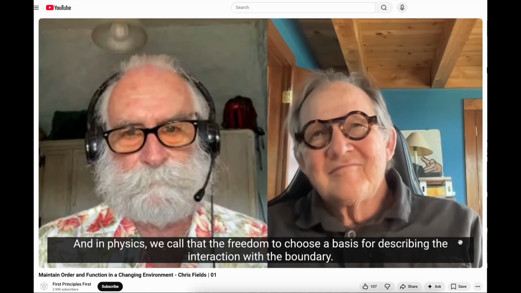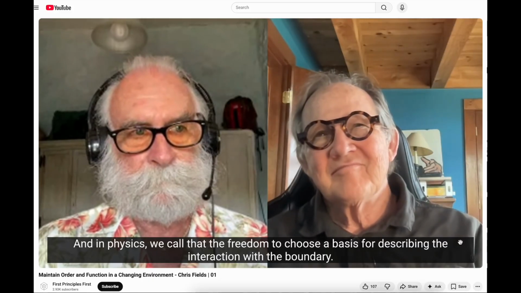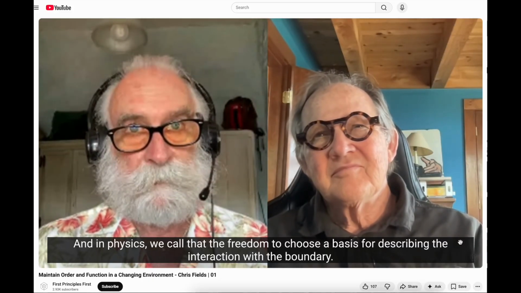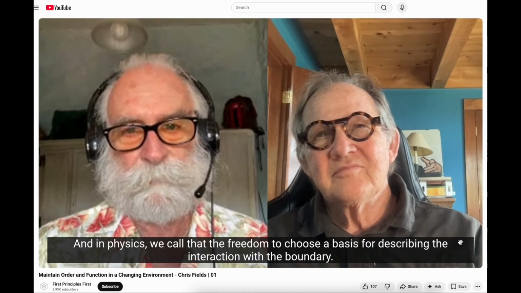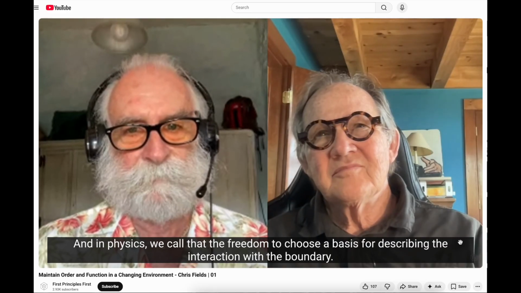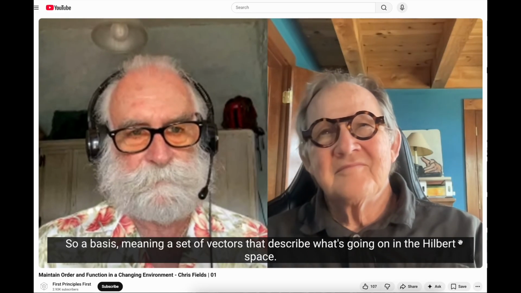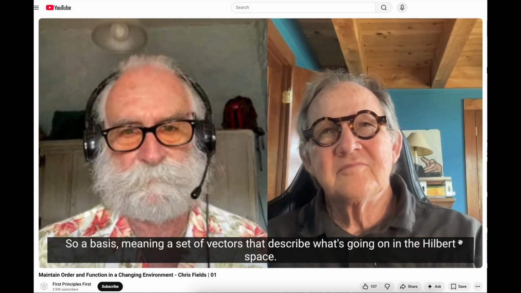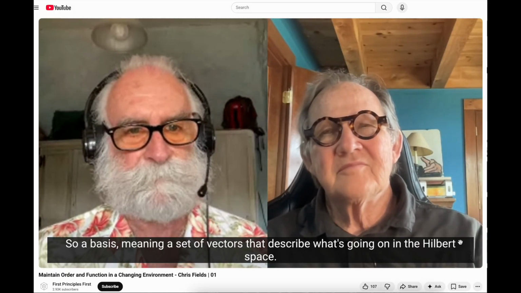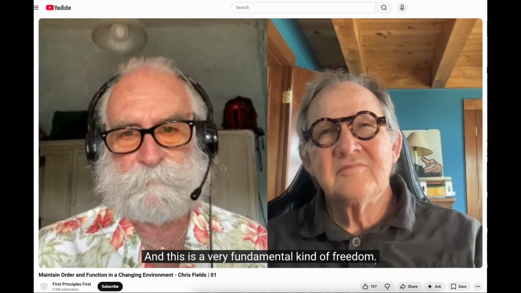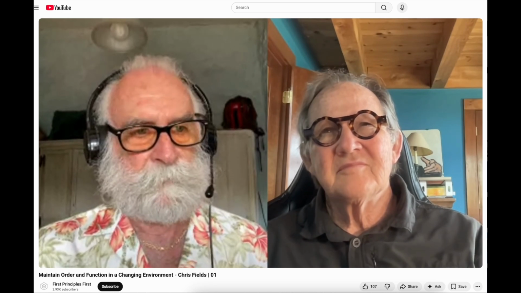And in physics, we call that the freedom to choose a basis for describing the interaction with the boundary. So a basis meaning a set of vectors that describe what's going on in the Hilbert space. And this is a very fundamental kind of freedom.